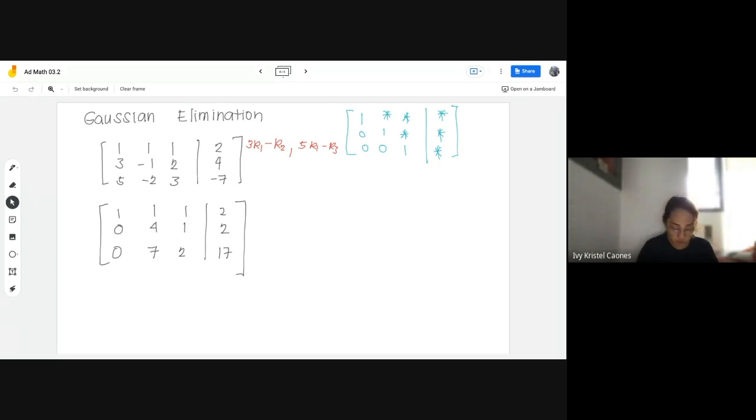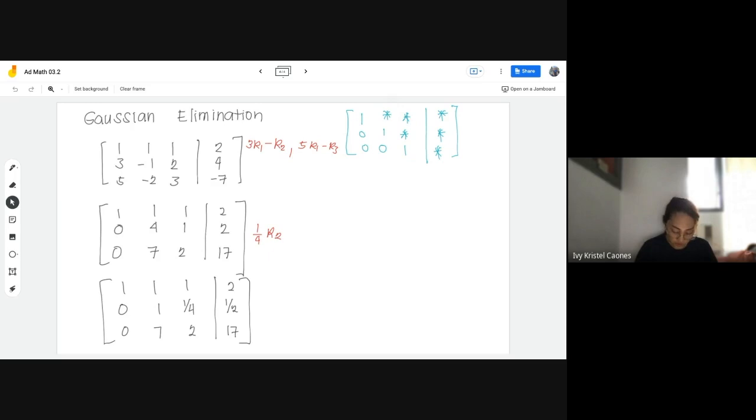So that means you have to multiply the second row by the reciprocal of the element 2, 2, and that is 1 over 4 R2. This will give you, copy the first row, then 0, 4 times 1/4 is 1. 1 times 1/4 is 1/4. Then 2 times 1/4 is 1/2. Okay?